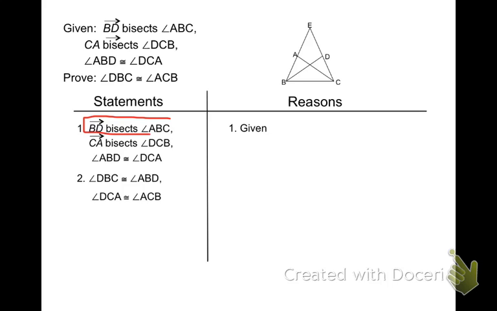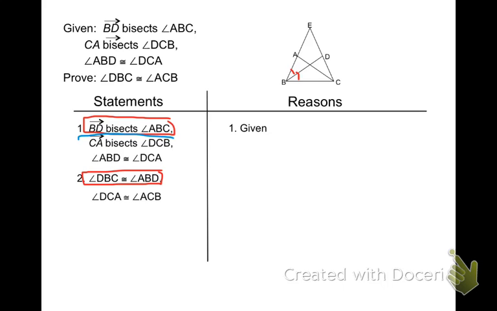Now, knowing that ray BD bisects angle ABC, that's what's going to tell us that angle DBC here is congruent to angle ABD. That's this angle here. Those are congruent because of the definition of an angle bisector.